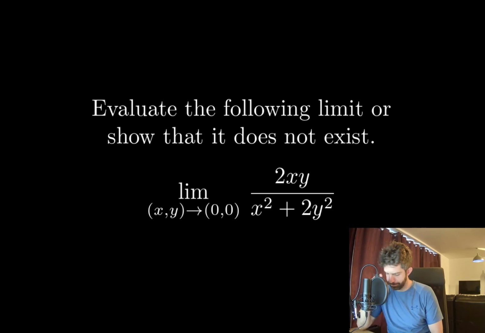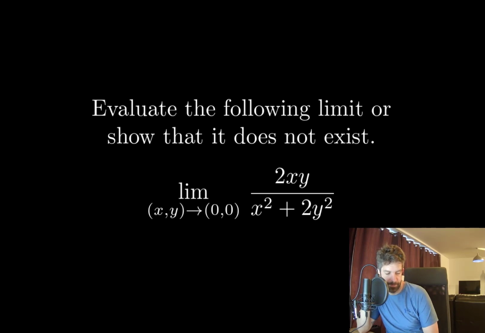Okay, some of these limits of higher dimensional functions, if the limit does not exist, sometimes it's easier to show that it does not exist than it is to prove that it does exist if the limit does exist.